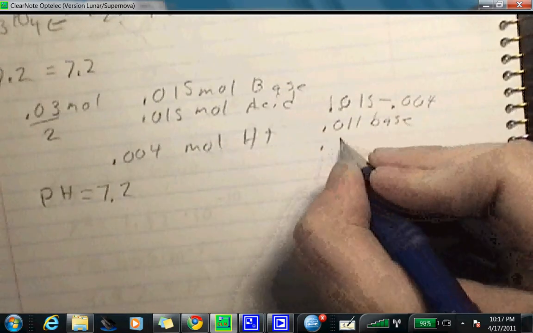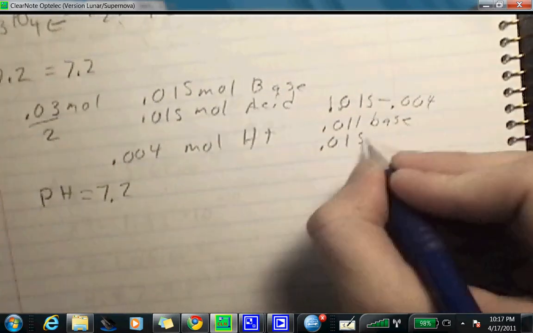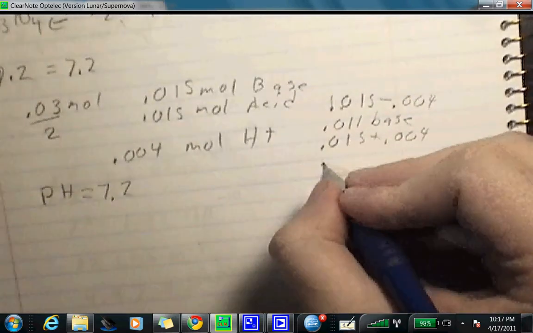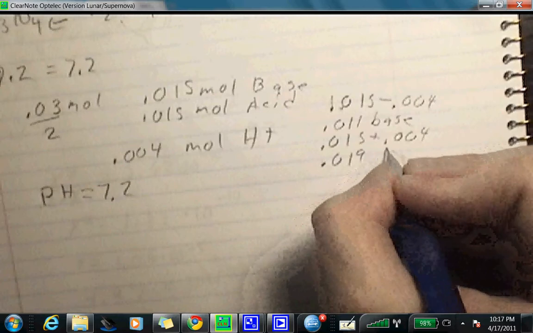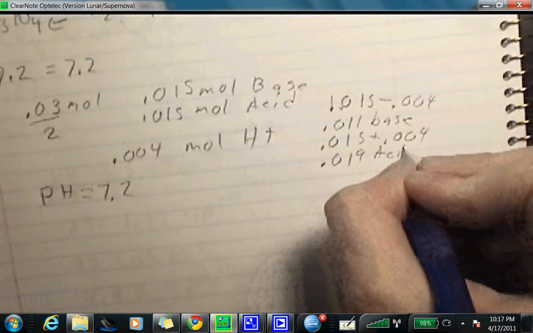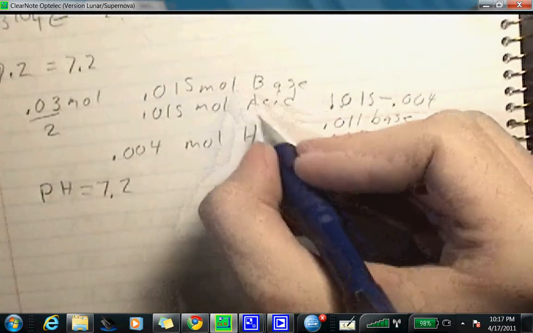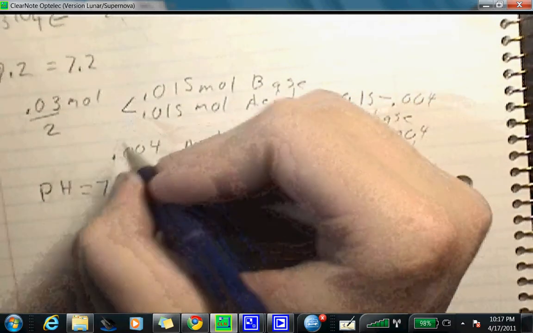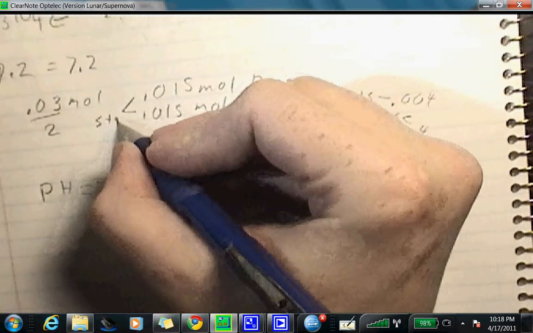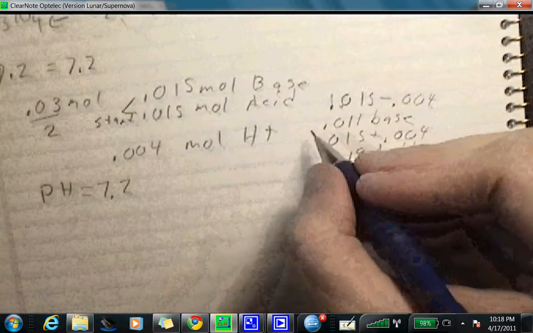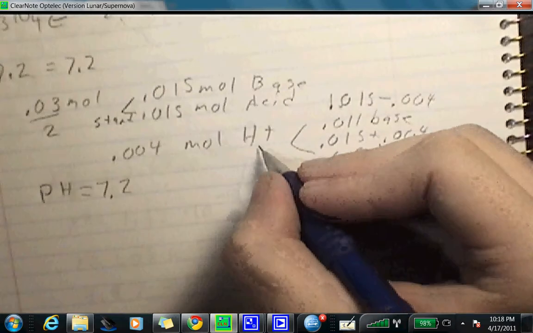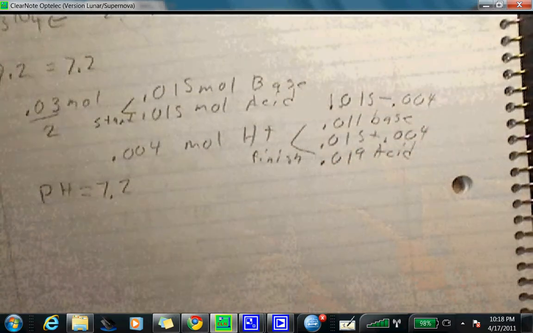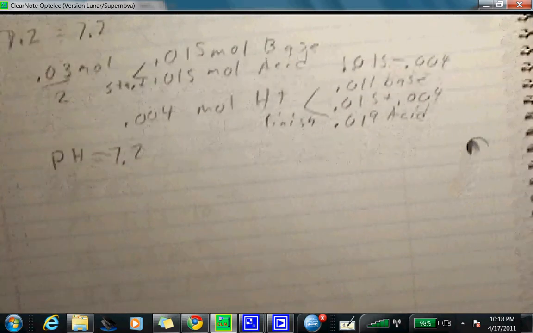So what that means is that this right here is our start. And these two are our finish. It's always important to recognize what you start as and what you finish as.